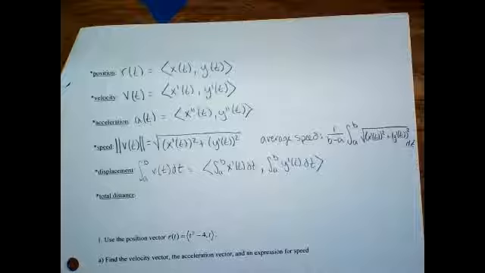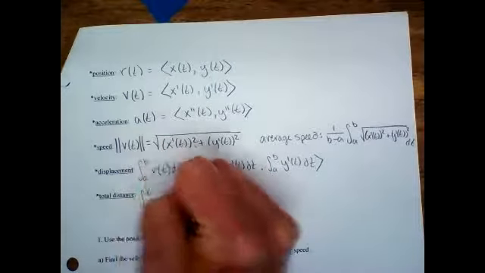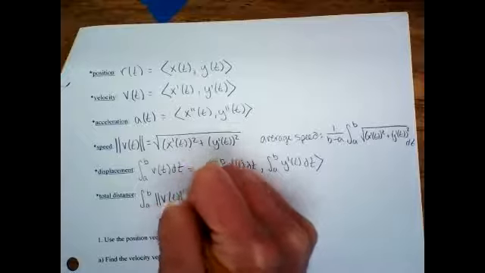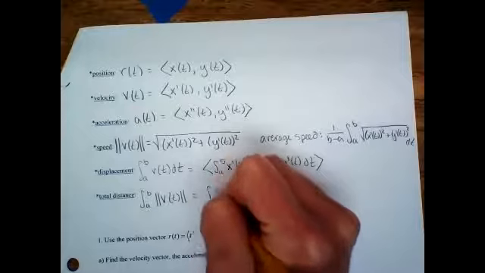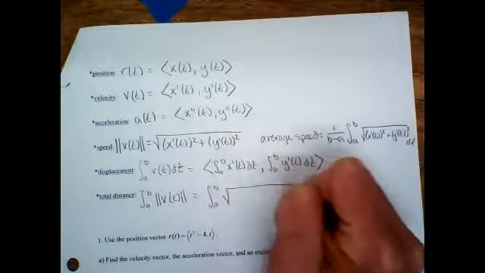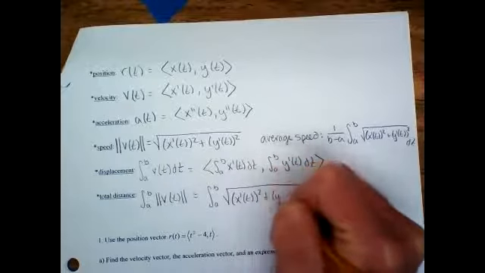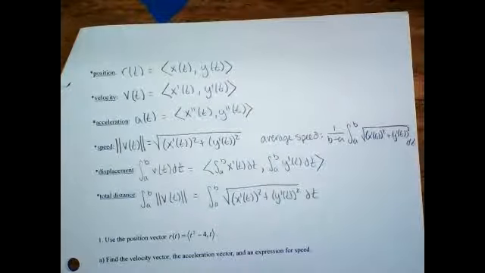The only difference was it had an absolute value. So it's the same thing here, it's going to be of the speed. So integral from a to b of the magnitude of velocity, which is the integral from a to b of that gigantic square root. I'm going to write it one more time. There, I fit the dt on the end that time.